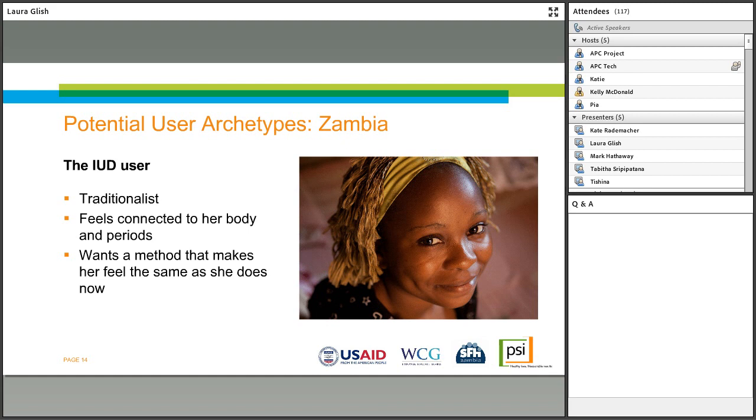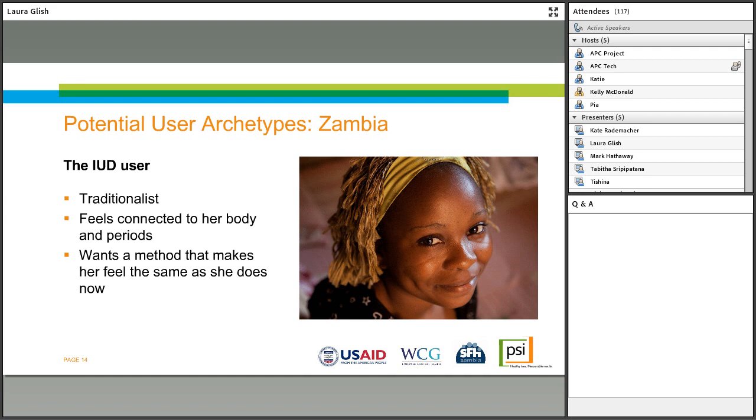When we are thinking about how do we differentiate between the IUD and the IUS, we have come up with potential user archetypes to help women understand which method would fit best for their life if they're interested in intrauterine contraception. Both of them are discreet, both of them are easy to use, both of them are very quickly reversible and have few side effects.